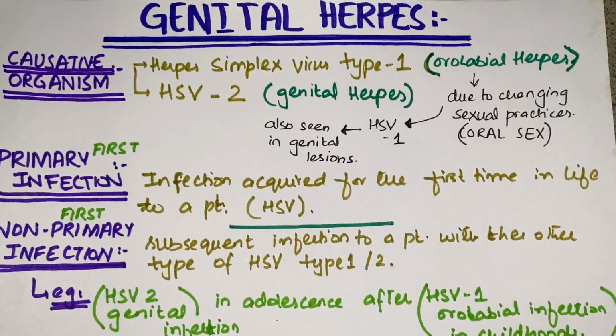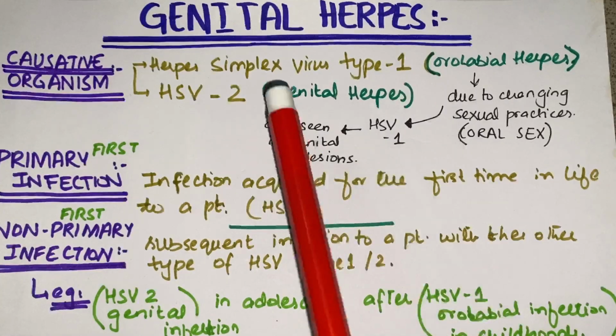Starting with the first point, the causative organism. Genital herpes is caused by herpes simplex virus, HSV, which is of two types, HSV1 and HSV2.